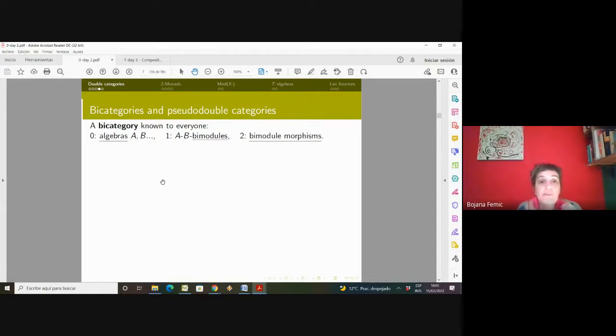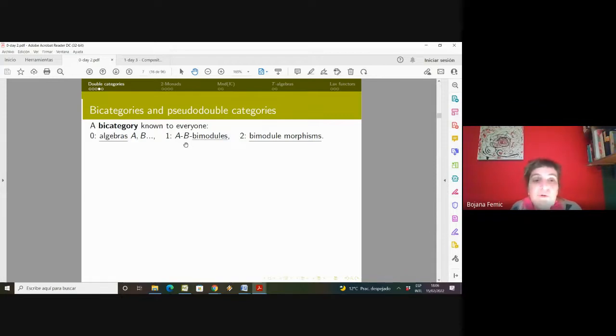Well, firstly, this is a bicategory that everybody here knows, but maybe you just didn't use the terminology that it is a bicategory. For 0 cells, it has algebras. For 1 cells, it has A-B bimodules. And for 2 cells, this bicategory has bimodule morphisms.